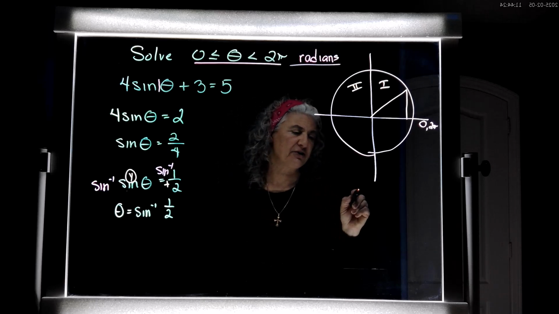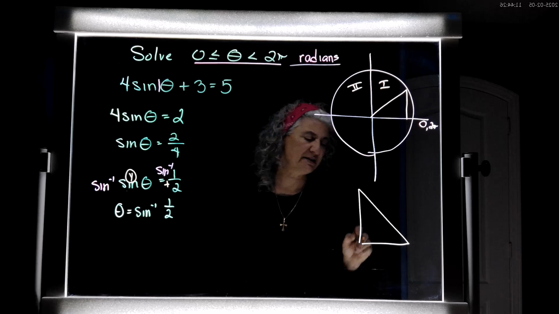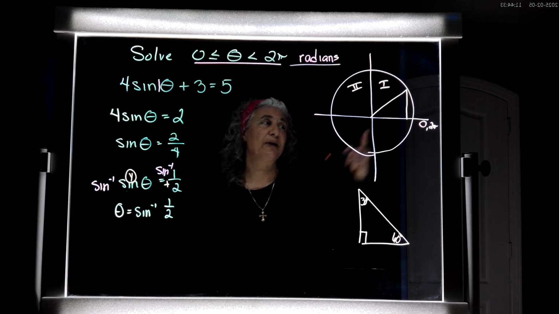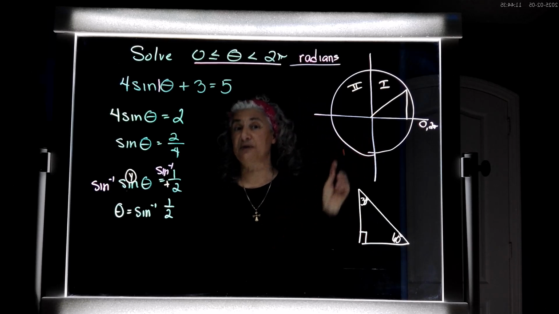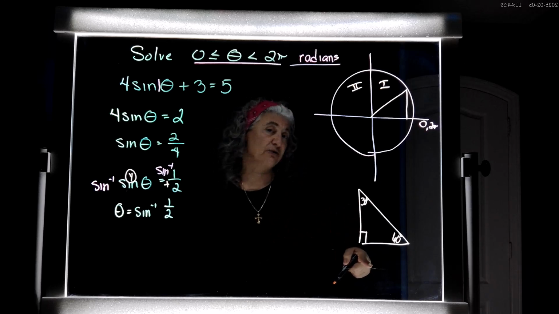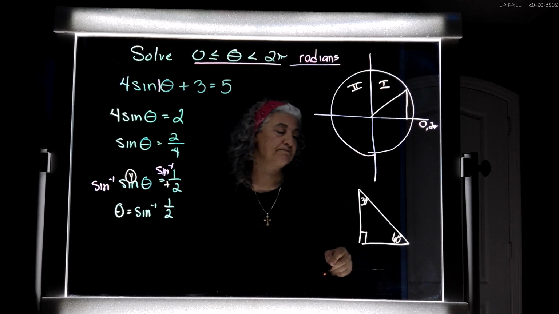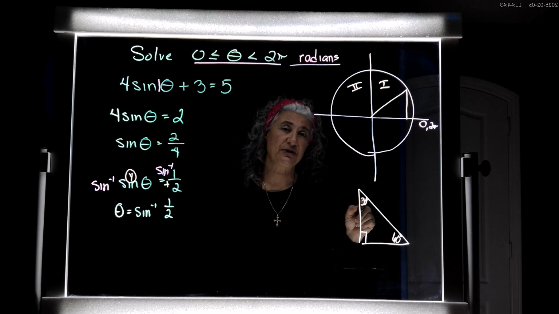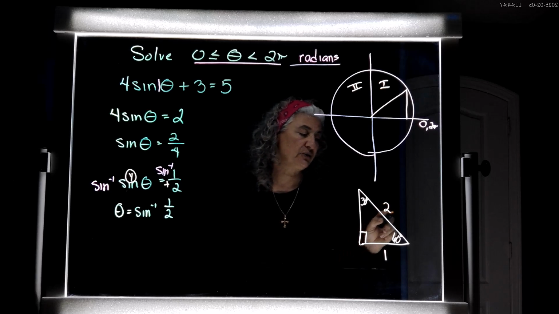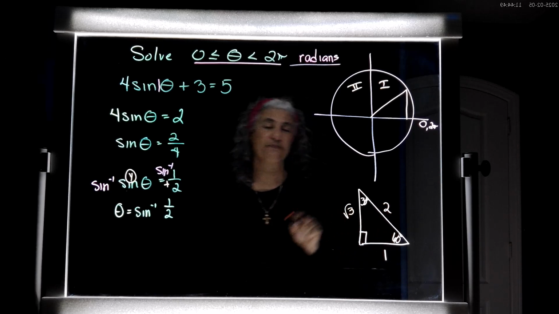Let me draw it over here, because I'm trying to find theta and I don't know if the 30 goes here or the 60 goes here. So let's draw it outside of the circle first to get a better understanding. What goes opposite the 30 degrees? 1. Opposite the 90, 2, and then square root of 3.